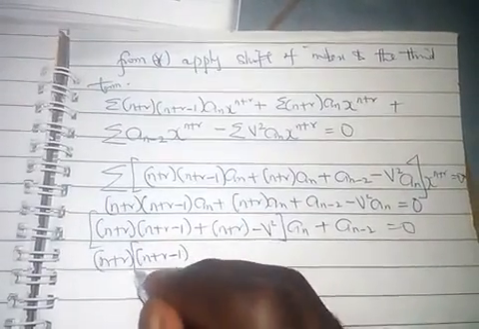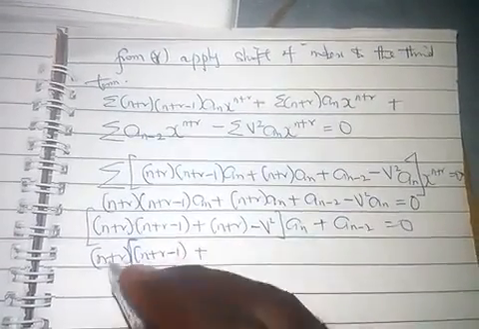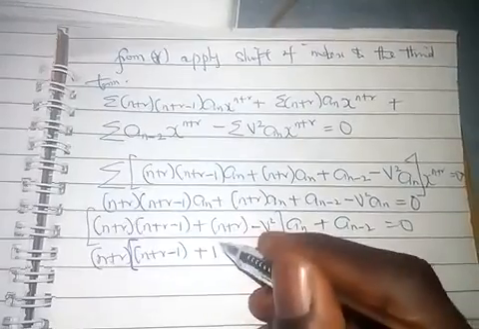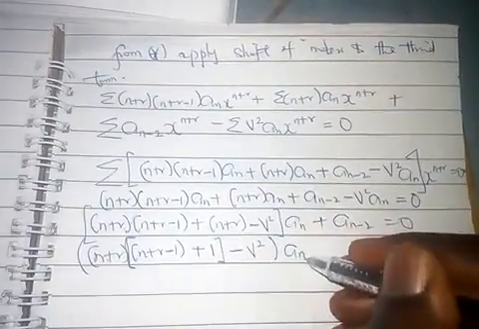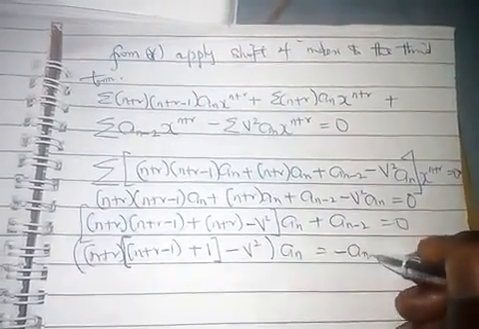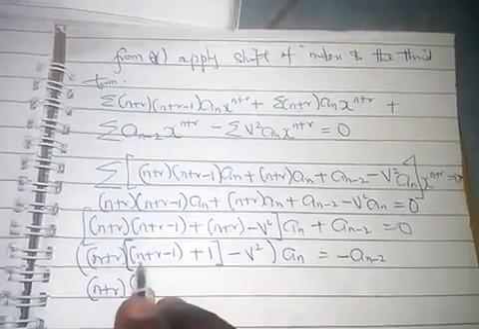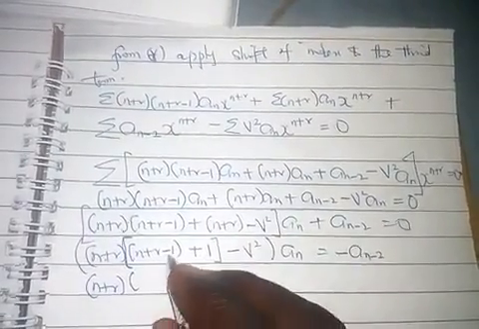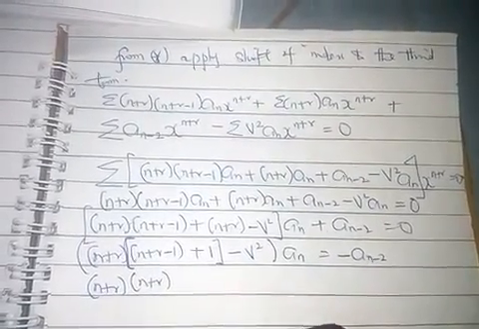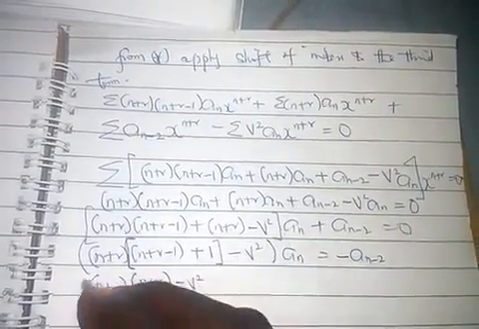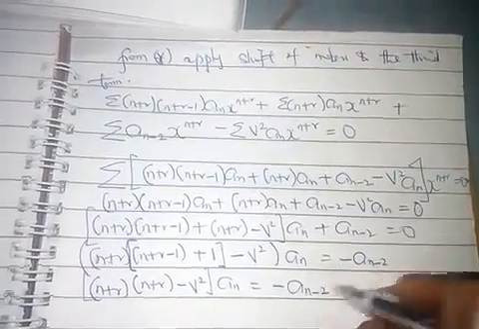Pick one, then if you divide, it will remain this, plus, if you divide, it will remain 1, and this there, minus v² a_n. (n + r) times (n + r - 1 + 1), the minus 1 plus 1 is out, remains (n + r) minus v², a_n equals minus a_{n-2}.